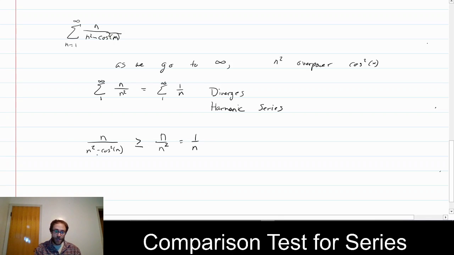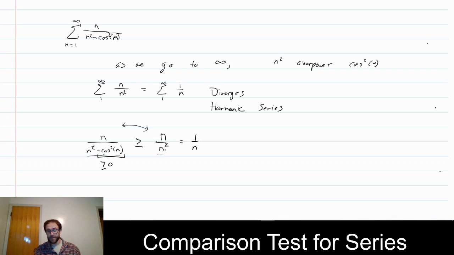And the reason is cosine squared is always greater than or equal to 0. And when it's 0, these two things are equal. But when it's not 0, the denominator is actually going to be smaller.